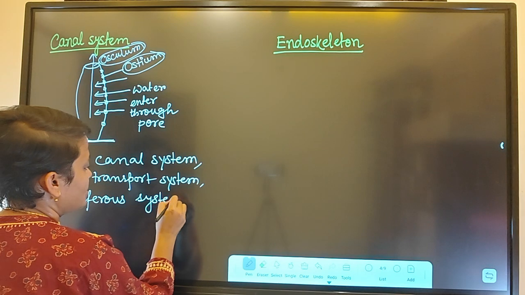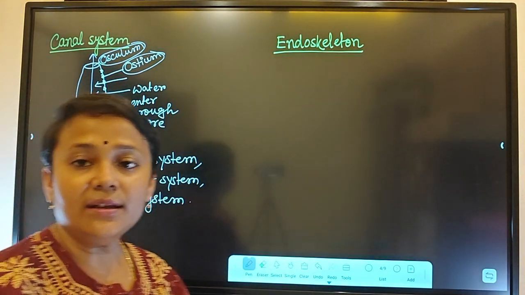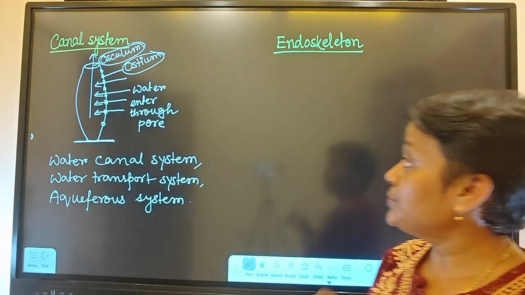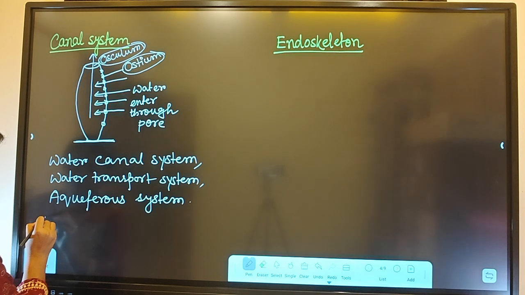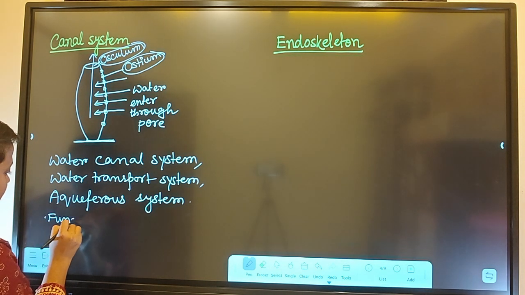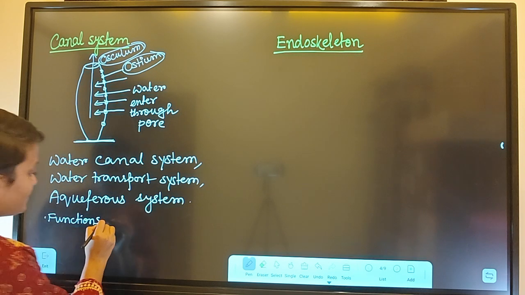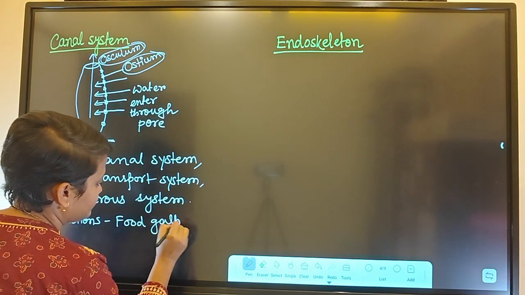So all are the same. Here in sponges, water enters through ostia and goes out through the osculum. So what is the function? There are three functions which are written in NCERT. First one, food gathering.